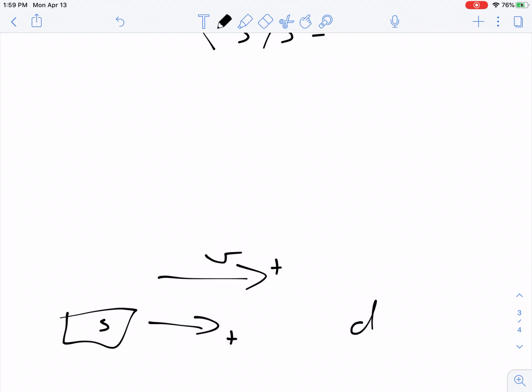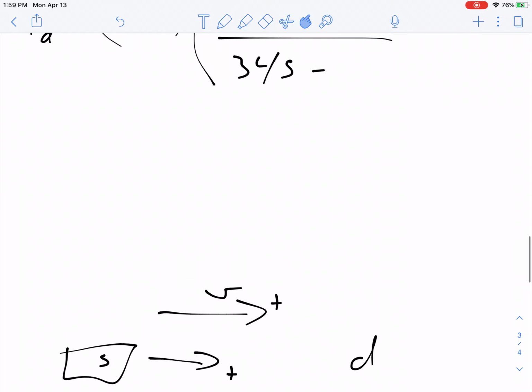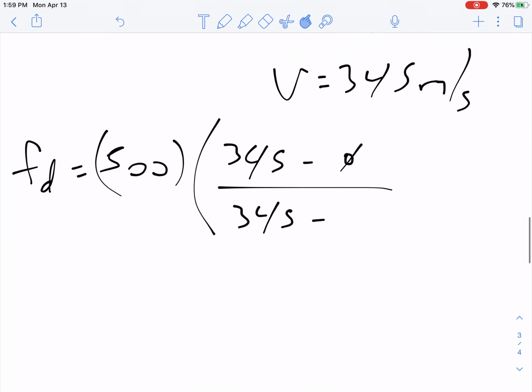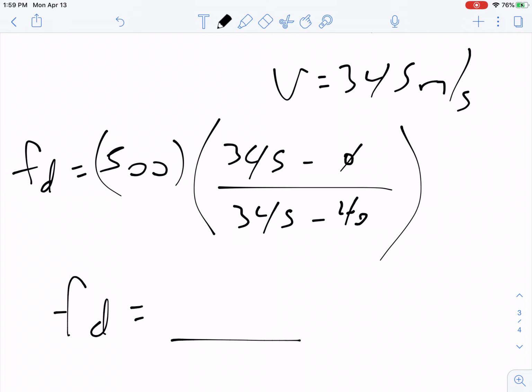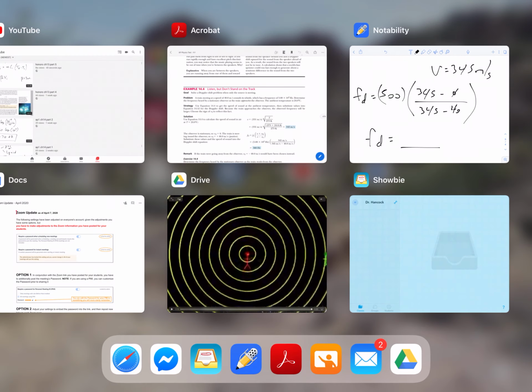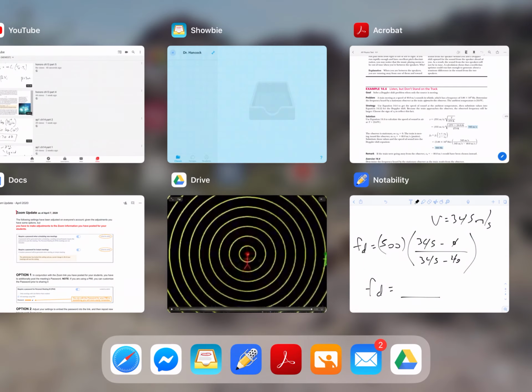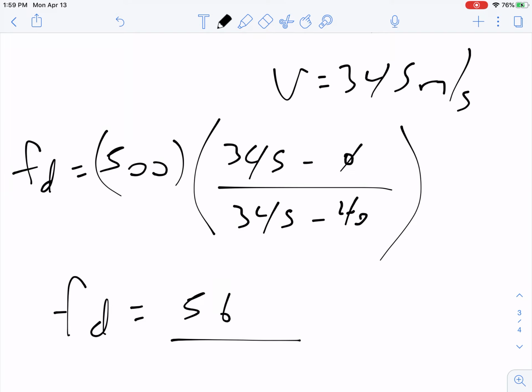So we're subtracting a positive 40 meters per second. And that would give us a frequency equal to, if we did this right, 566 hertz. Well, I hope that mess makes a little bit of sense to you guys.